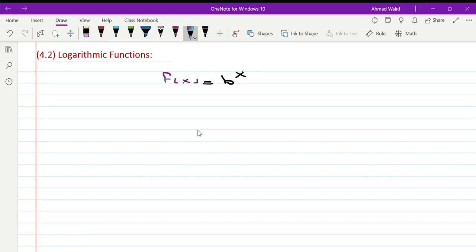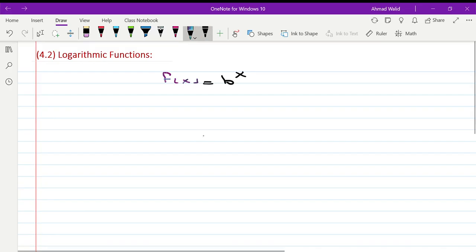Now, if I ask you to find the inverse of this function, if you remember, we had 4 easy steps to find the inverse of any function. I can find the inverse of an exponential function because an exponential function is a one-to-one function, correct?